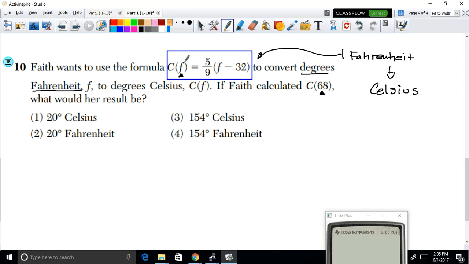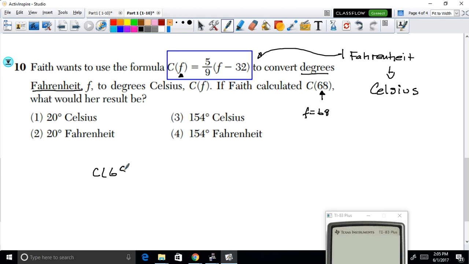All this is saying is, what happens when F is equal to 68? What happens when the Fahrenheit is 68? So let's see what happens.